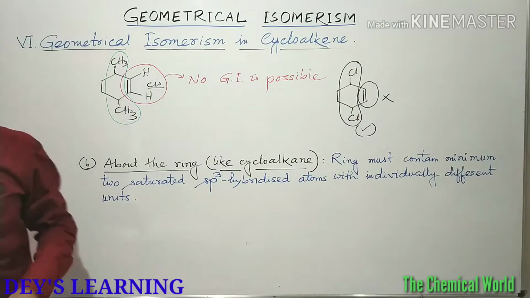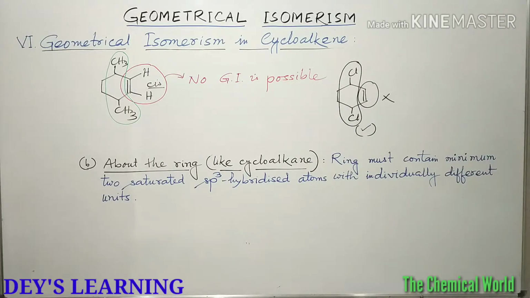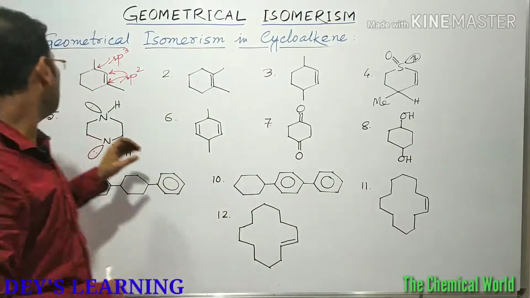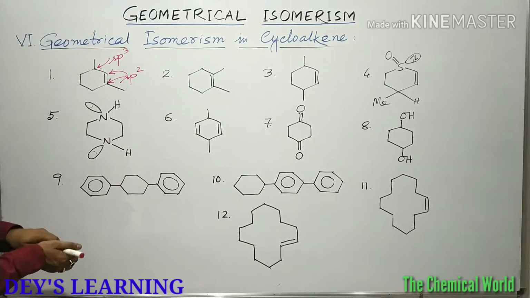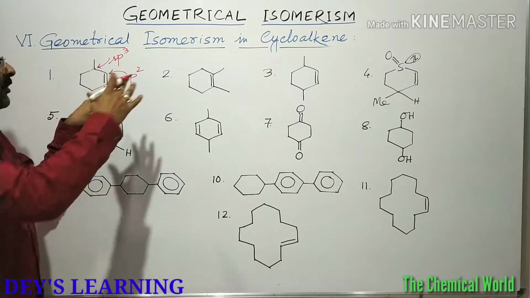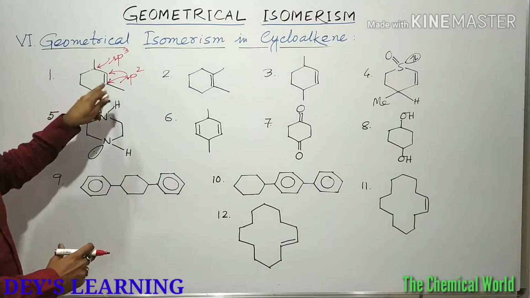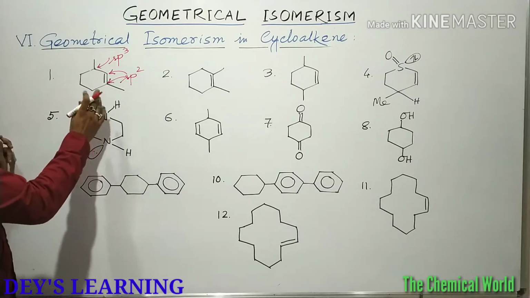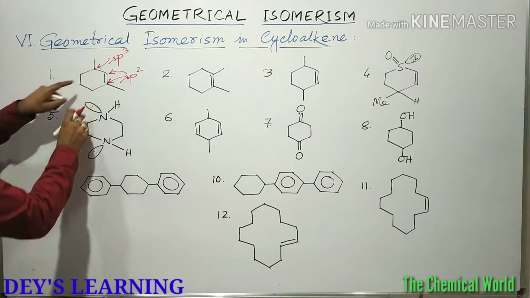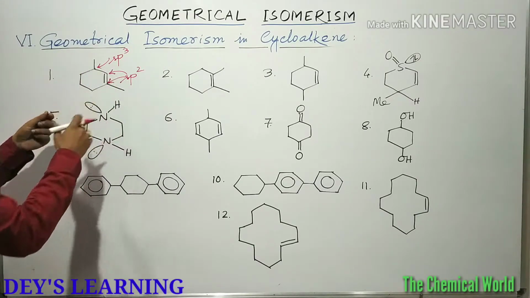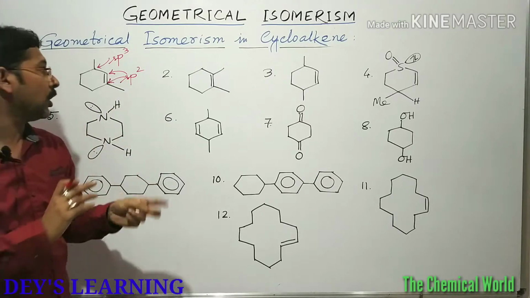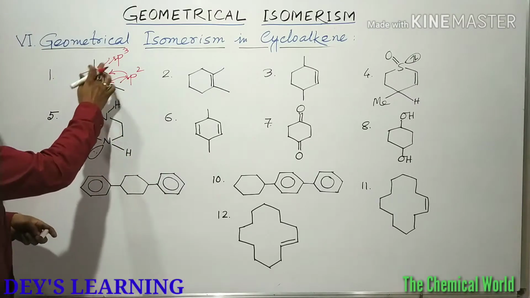Okay, let us take some examples. Number one, this compound: around this carbon-carbon double bond, geometrical isomerism is not possible because this is a 6-membered ring, so it has no flexibility. Now this carbon is sp3 hybridized, but to show geometrical isomerism, the compound must contain at least two saturated sp3 hybridized atoms.